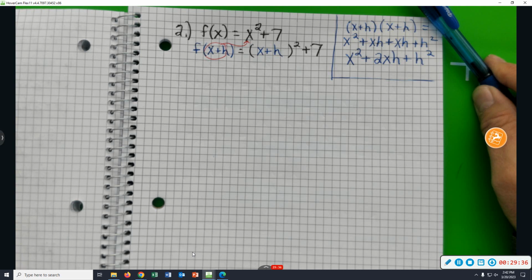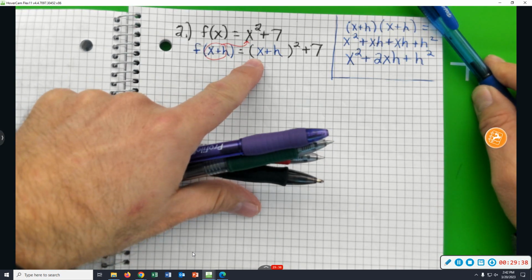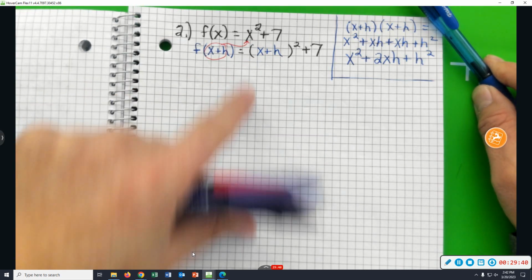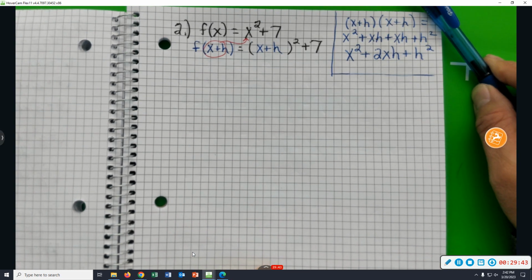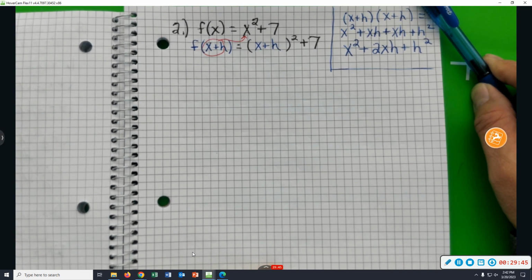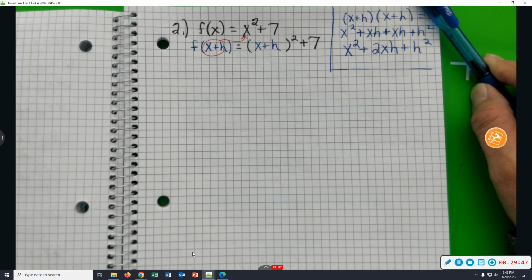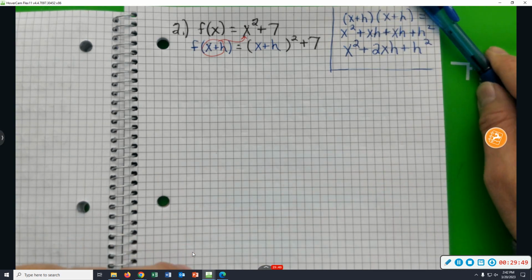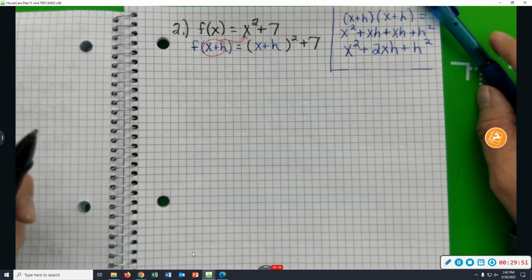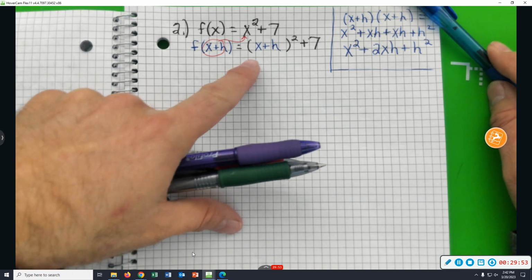Why did I do that? I'm just foiling out the x plus h times x plus h. So having done that, I'm almost through with the first part of this problem.